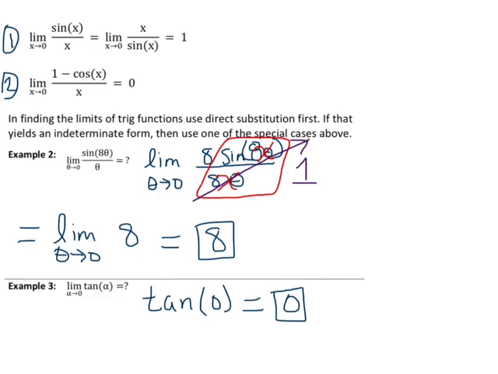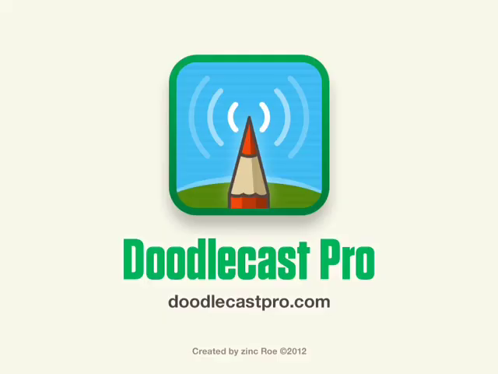You're also going to need to recall all of those trig identities that you learned in pre-cal. So know that tangent is sine over cosine, cotangent is cosine over sine, and so forth and so on. Know how they're all related so that you're able to manipulate these trig functions. So this is just a brief overview of limits of trig functions and what you can do with the special cases.